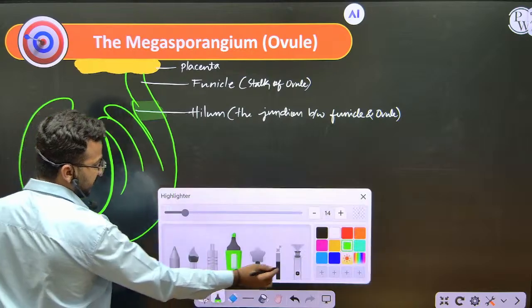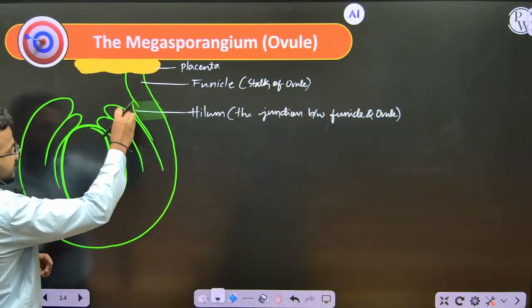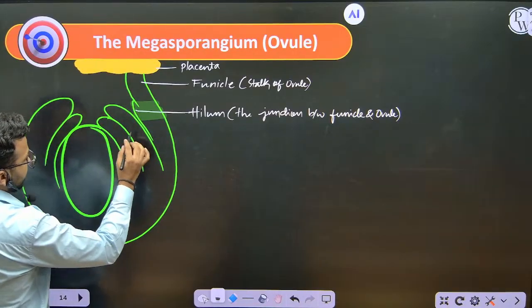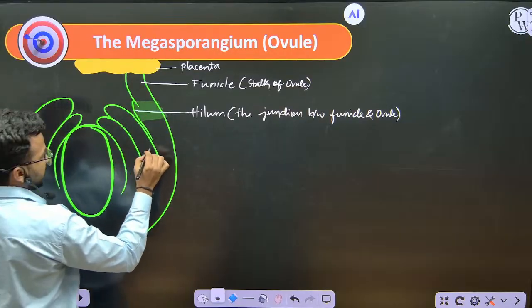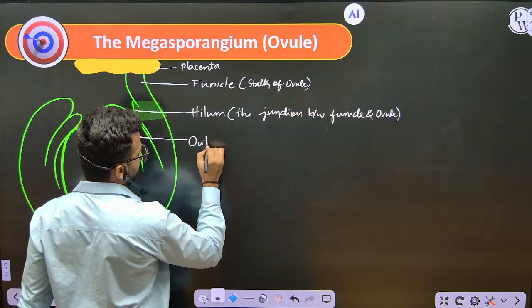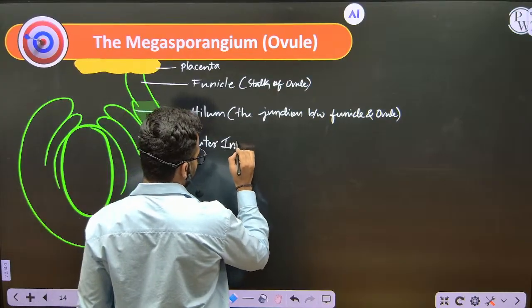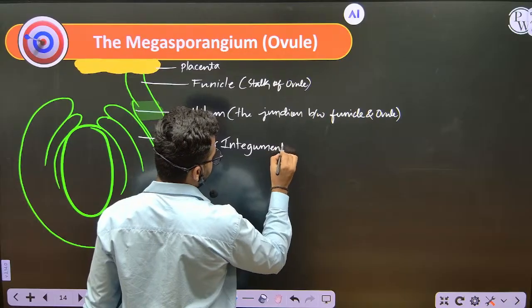And next to that, you can see there are two layers. This is the main ovule, and it has two layers, one, two. The outer one we call the outer integument. Integument is nothing but wall. So the outer wall or outer layer we call the outer integument.